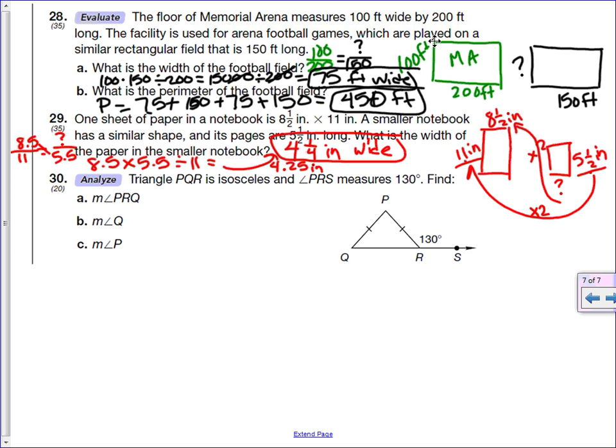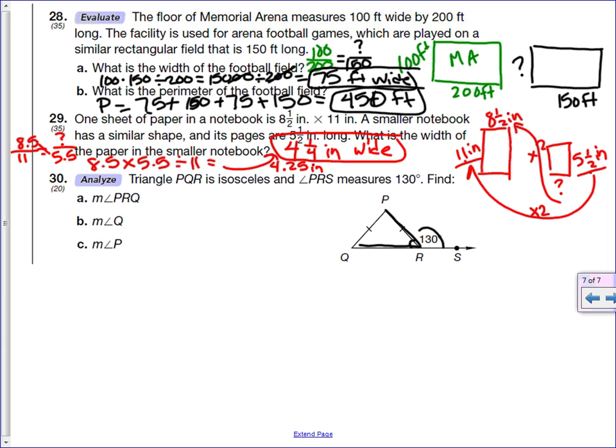Triangle PQR is isosceles and angle PRS measures 130 degrees. Find PRQ, so this angle right here. Since PRQ here and PRS here make up an entire half turn, that's 180 degrees, 130 of which are taken up by PRS.